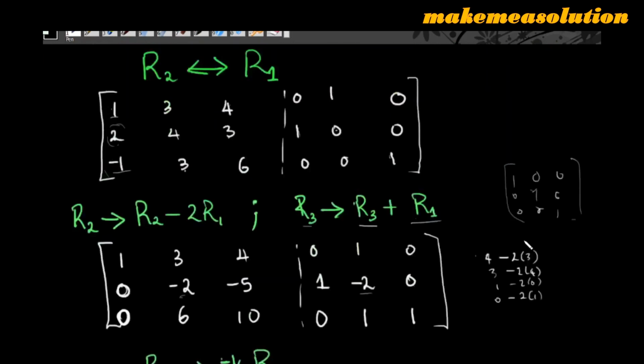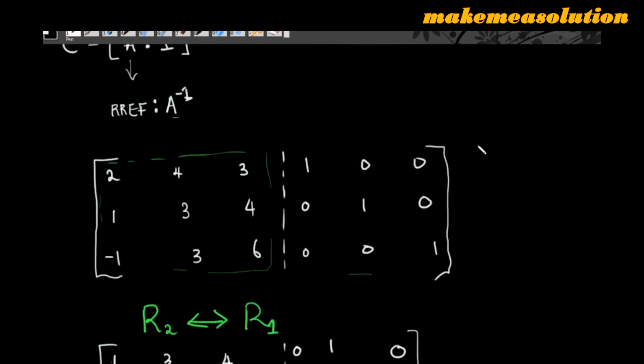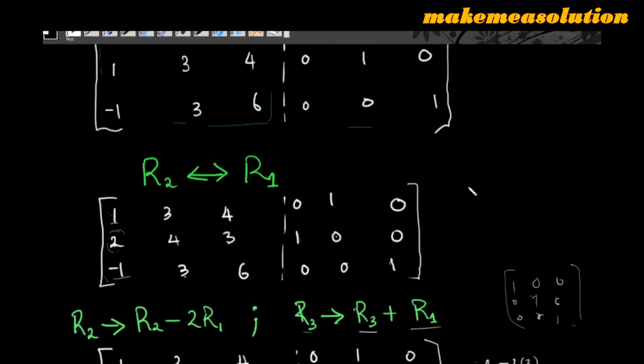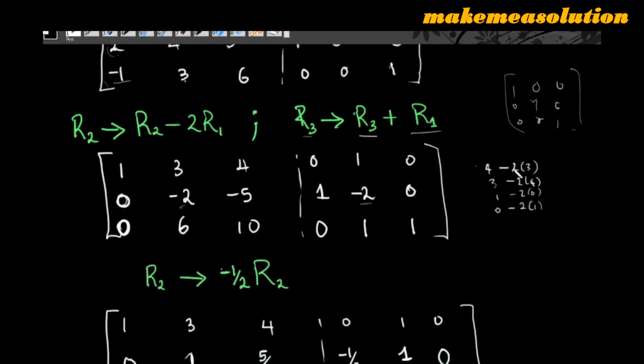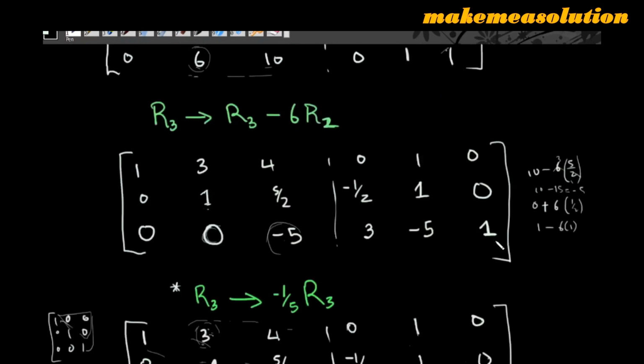So let's count how many steps we used. So we have 1, which was finding our augmented matrix. Then we now have the swapping of the row, which is step 2. Then we now have the first transformation, step 3. The second transformation in step 4.